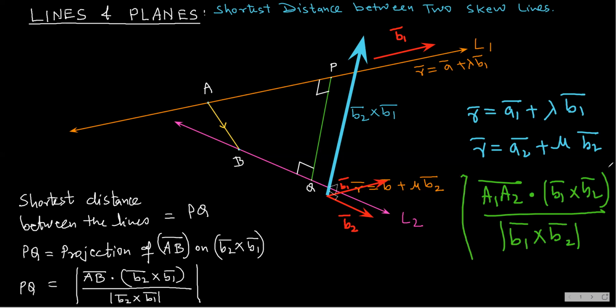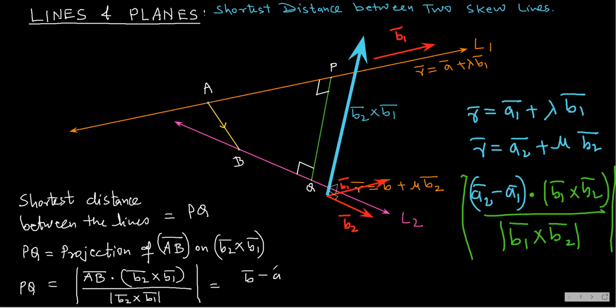In the next step, what is A1A2 bar? A1A2 bar is A2 bar minus A1 bar. Similarly here, AB bar, what will you write?